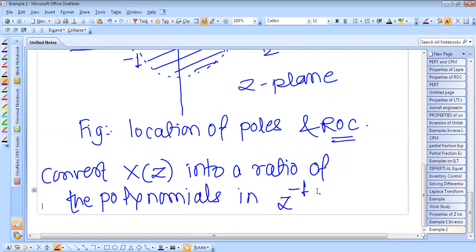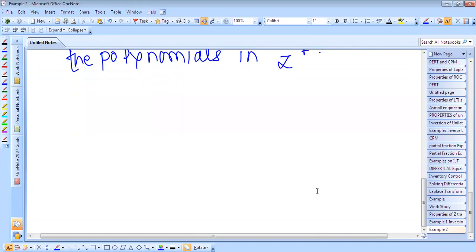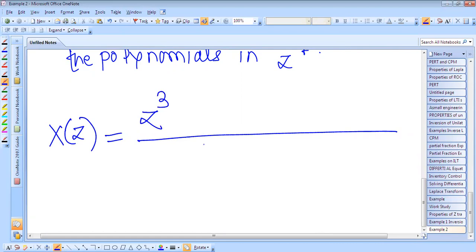So we factor z cube out of the numerator and 2z square out of the denominator.